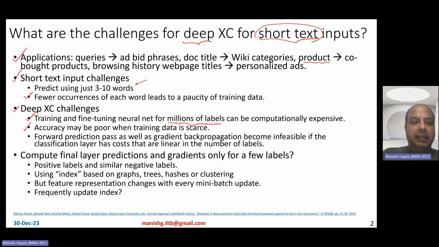The third important problem is the efficiency problem for training extreme classification neural networks: the forward prediction pass or even the gradient backpropagation pass can be infeasible when you have a very large number of labels, because the classification cost at the last layer is linear in the number of labels. Remember the last layer: let's say you have some deep neural network.